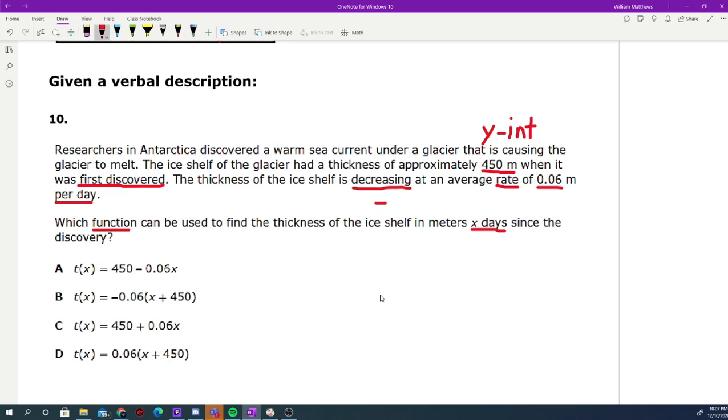So if I set this up into slope-intercept form, I'm saying that my function y equals our slope, in this case, which is negative 0.06 per day, so I don't know how many days, x. When it starts, our y-intercept value of 450.